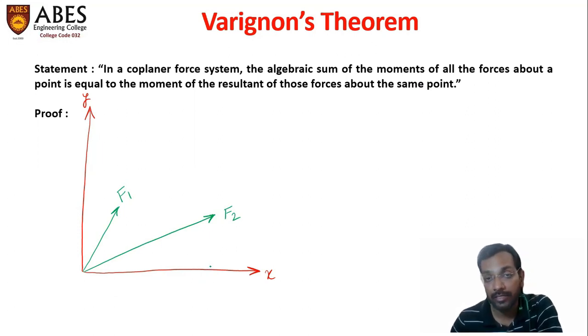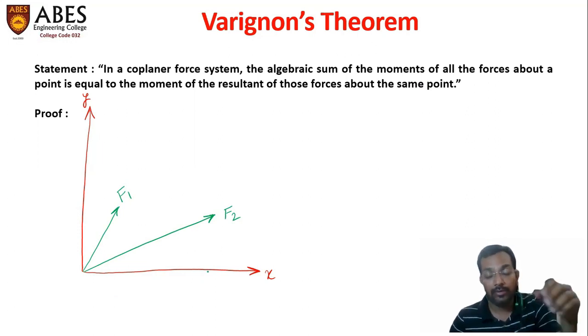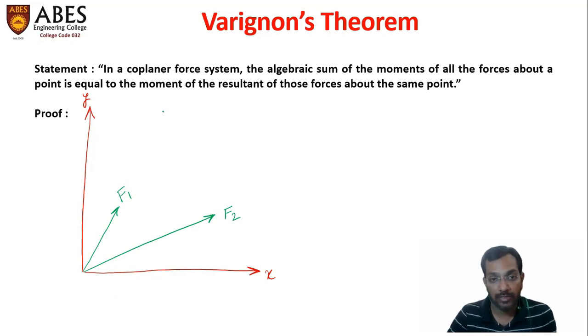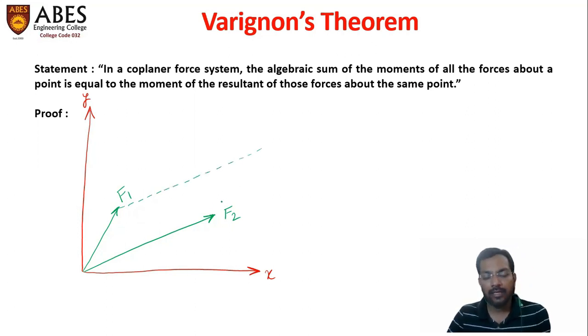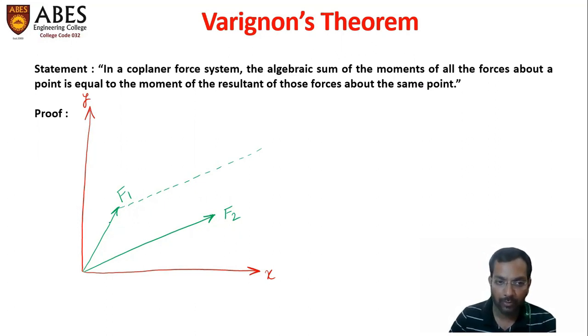Now, how to find the resultant geometrically? We will use the parallelogram law of forces. For this, we will draw a line parallel to this force F2, starting from this point. So let's draw a line parallel to the second force like this. Similarly, we will draw another line from this point, parallel to the first force F1.